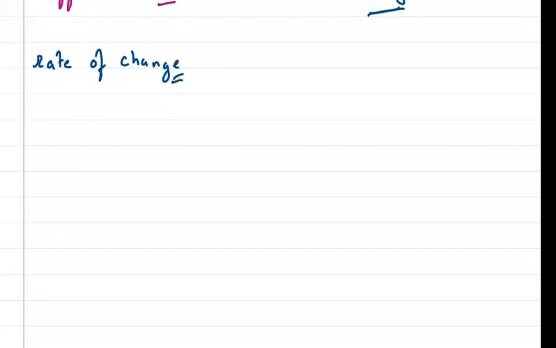Yes. So suppose if I'm having anything, suppose I'm having any function. So rate of change, the meaning of rate of change is how quickly anything is changing, as simple as that, right? Suppose this is a function with respect to time, anything which changes with respect to time.